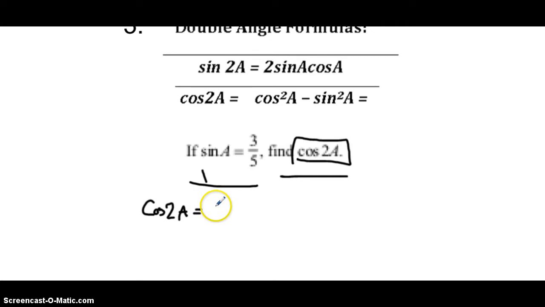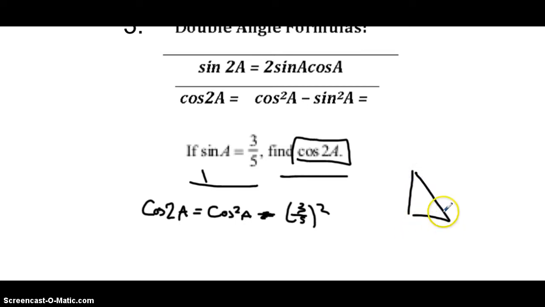So the cosine of 2A is equal to the cosine squared A minus the sine squared A. Now we do know the sine of A, so we can put in 3 over 5 squared. Once again, we need the cosine to figure this out, so we're going to draw a little triangle. We know that in A, our opposite is 3, our hypotenuse is 5, and we know this triangle well by now, so this is just 4.